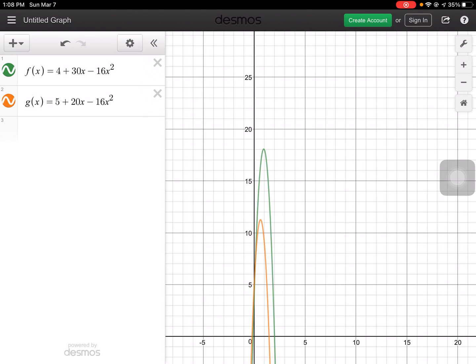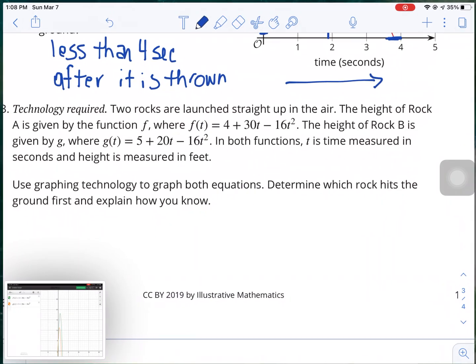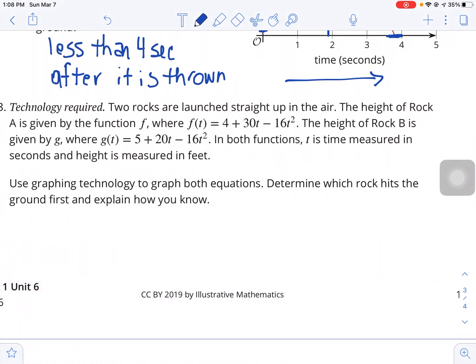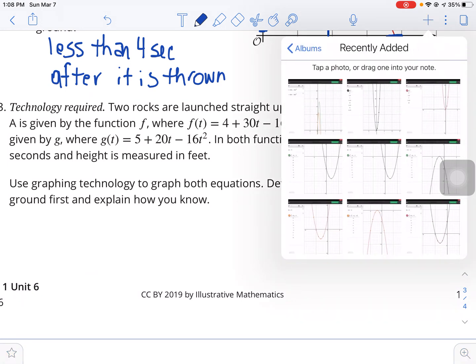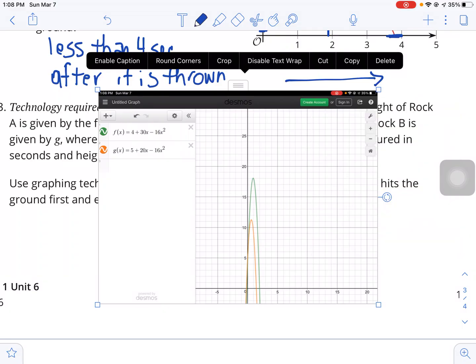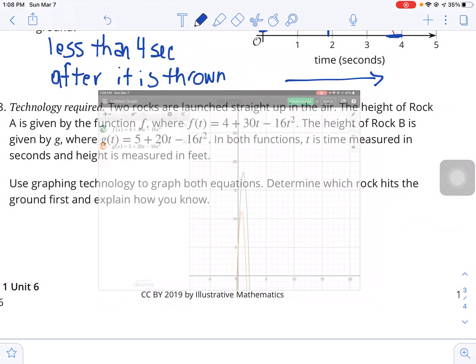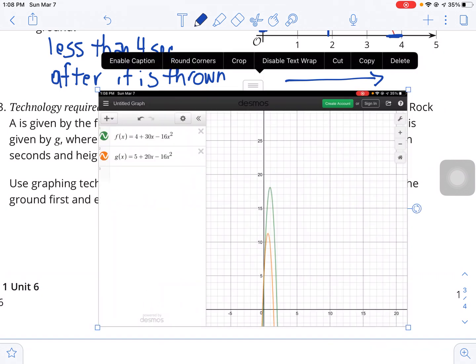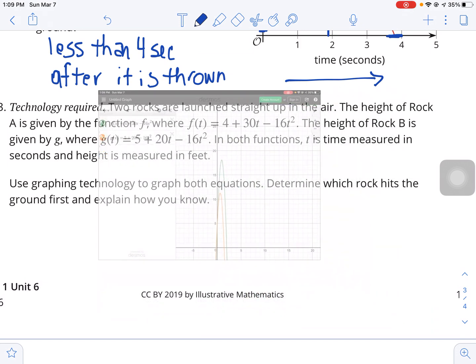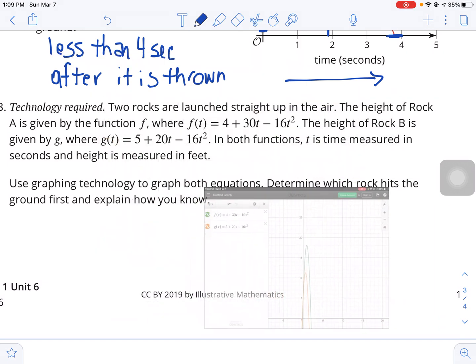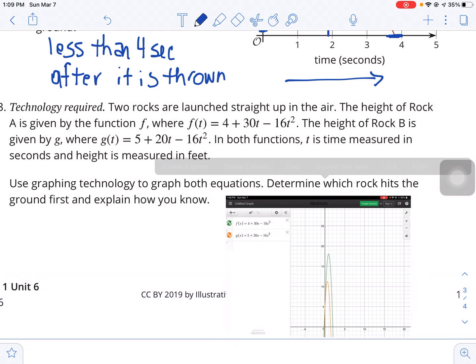And the question was, let's just bring this over to Notability. The question was, use the graphing technology to graph both equations and determine which rock hits the ground first. So we'll just take a look at it here. It looks like the orange one hits the ground first. It's crossing the x-axis, which would be height of 0, so that's hitting the ground.